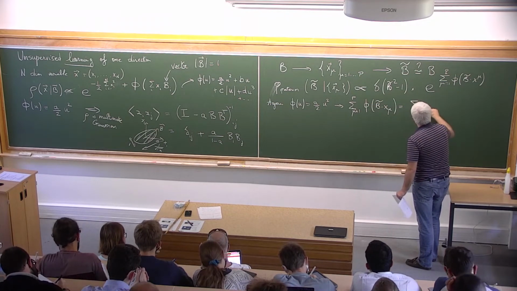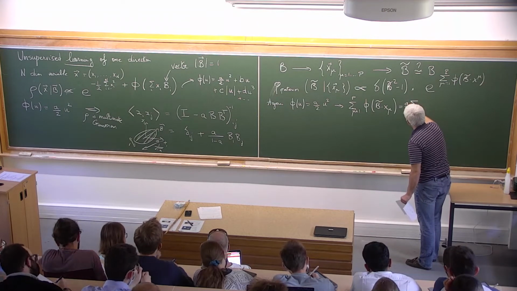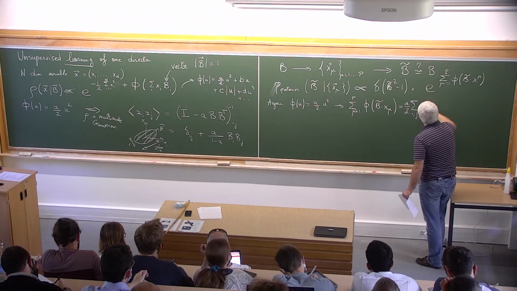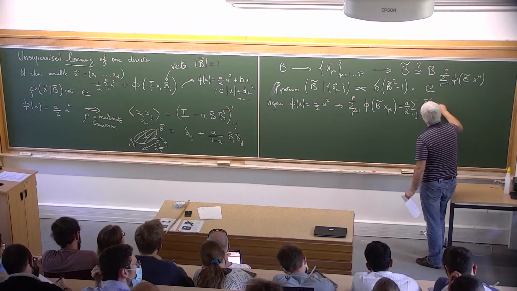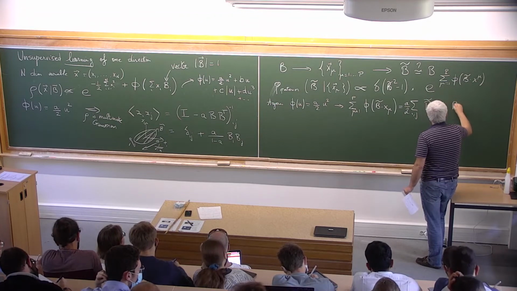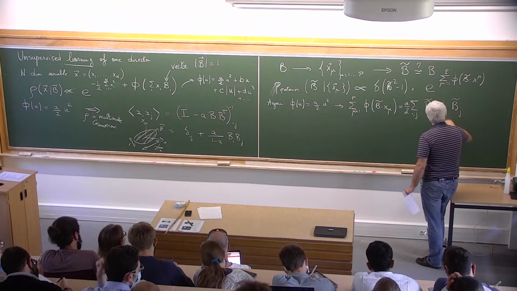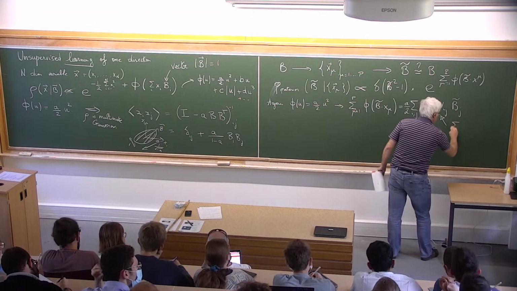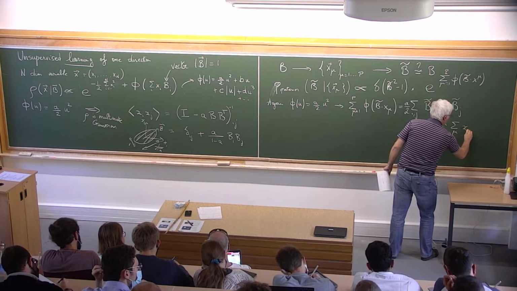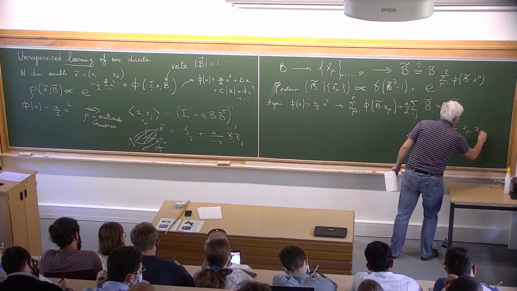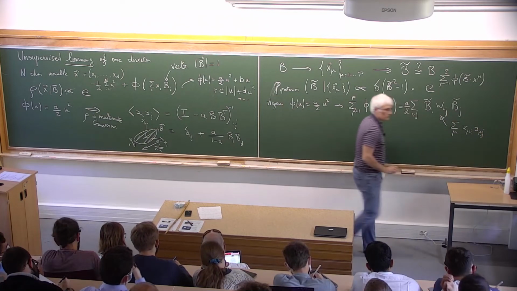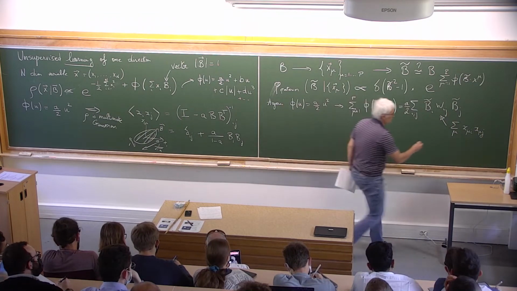I have A over 2 in front, B tilde i W ij B tilde j, where this W ij matrix is simply the sum over mu from 1 to P of x mu i x mu j, right?